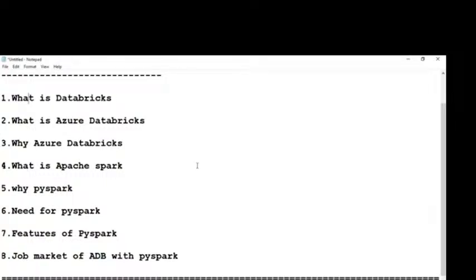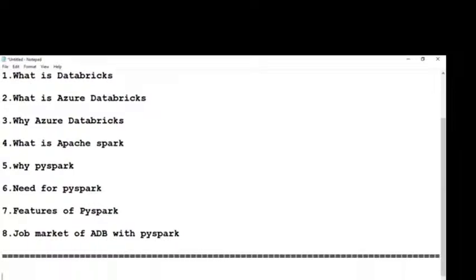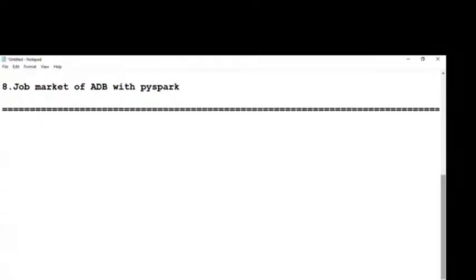What is Azure Databricks? Why Azure Databricks? What is Apache Spark? Why PySpark, Spark with Python implementation? Need for PySpark. Features of PySpark. Job market of ADB with PySpark. So this is what I'll be discussing.